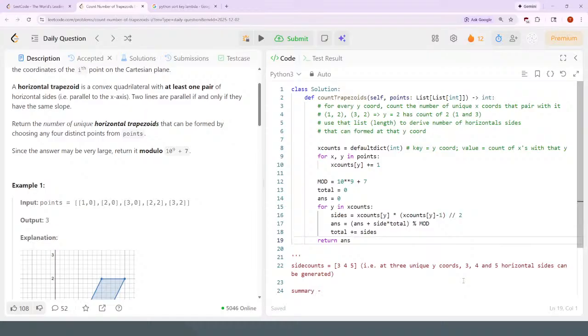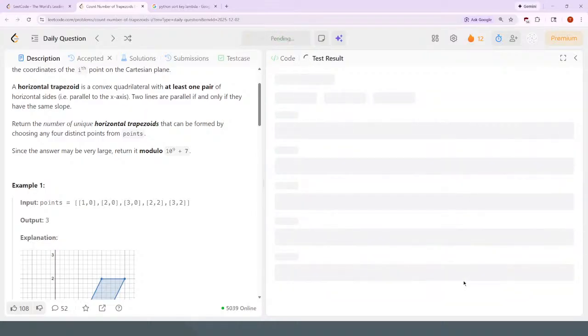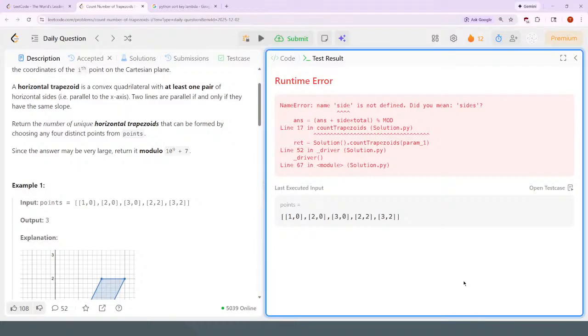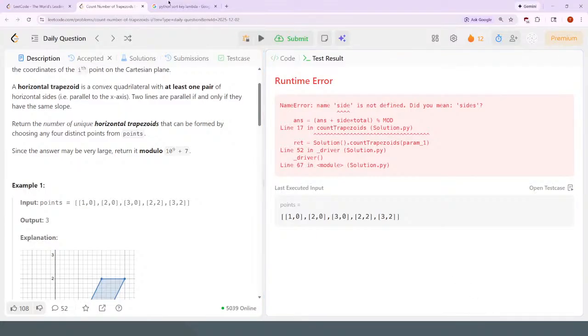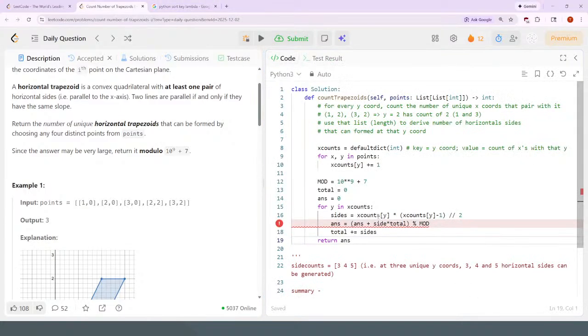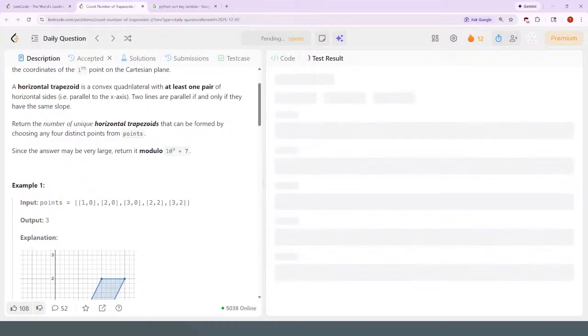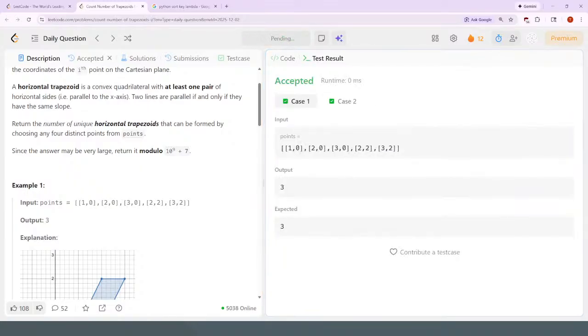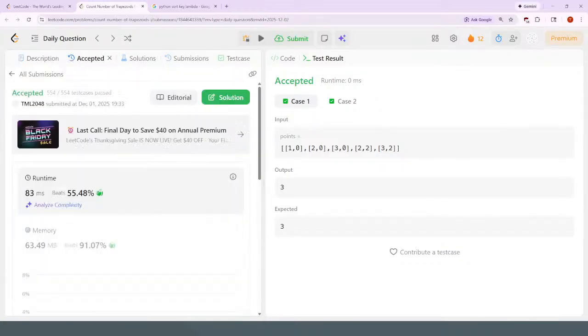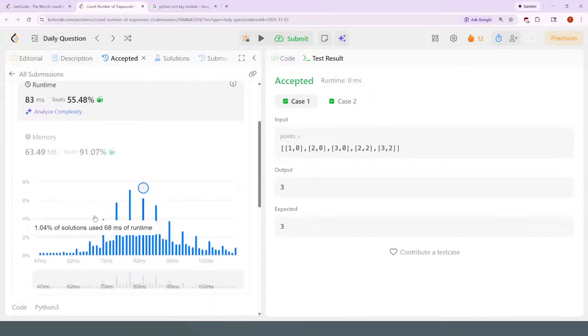Okay, yeah, I think this still works. It should be sides. Oh, yeah, that should be sides. What the heck, man? It's even slower.